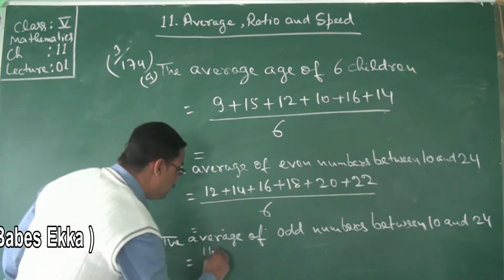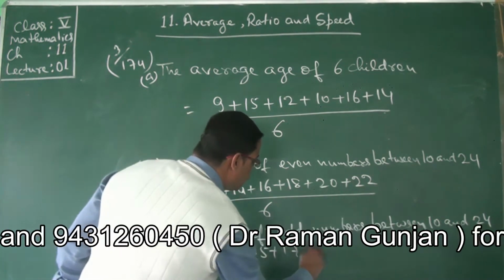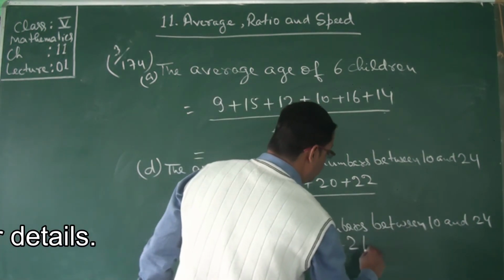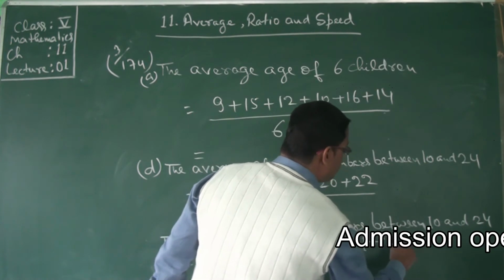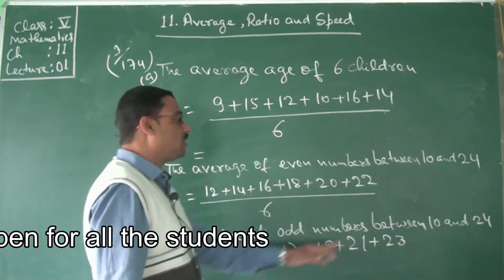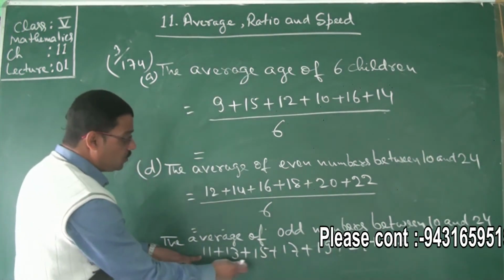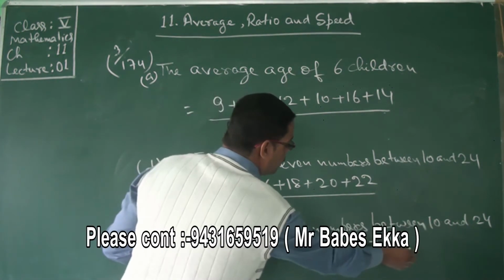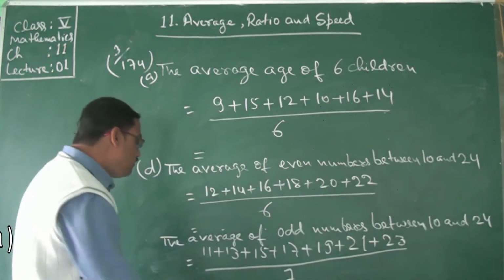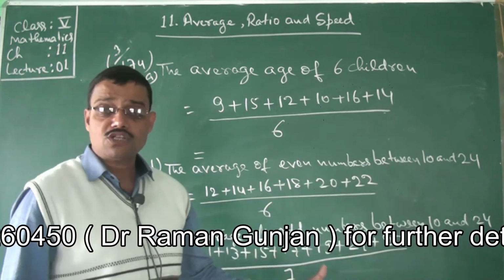So we will take 11 plus 13 plus 15 plus 17 plus 19 plus 21 plus 23. 25 exceeds 24, so we will not take 25 because we have to stay within 24. Count: 1, 2, 3, 4, 5, 6, 7. The number of quantities you got here is 7, so divide by 7. If you calculate, you will find the average of odd numbers also.